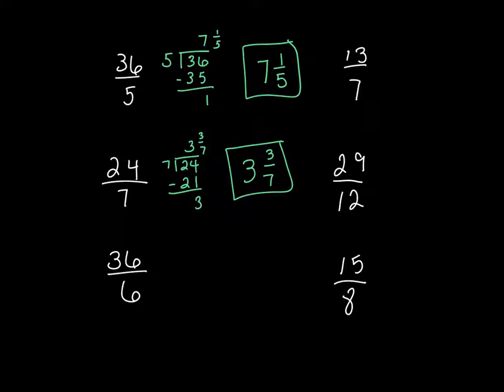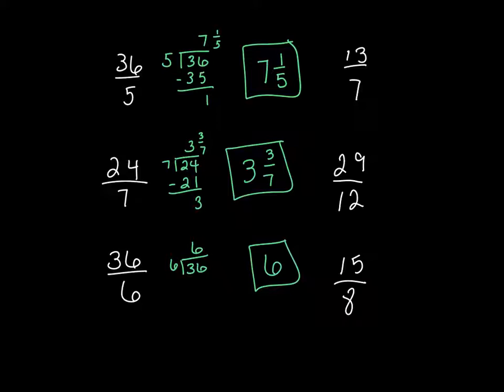And for the next one, 6 into 36, which is 6. In this case, you could really look at the fraction bar as a division. That is a multi-purpose bar, and 36 divided by 6 is 6.